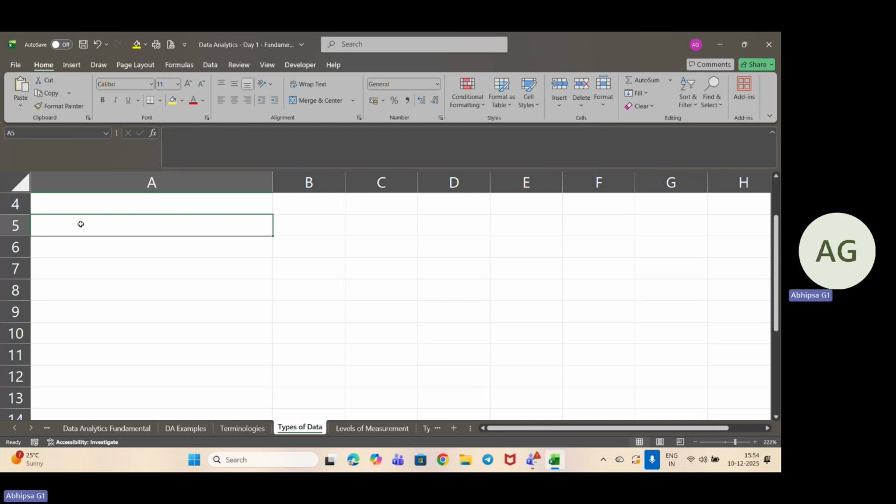So qualitative data is also called the categorical data. As we discussed in the terminology, it is data that are not numbers, the data that are text. This data is not actually numbers. It tells the qualities, the names, the types, the categories, or the labels.